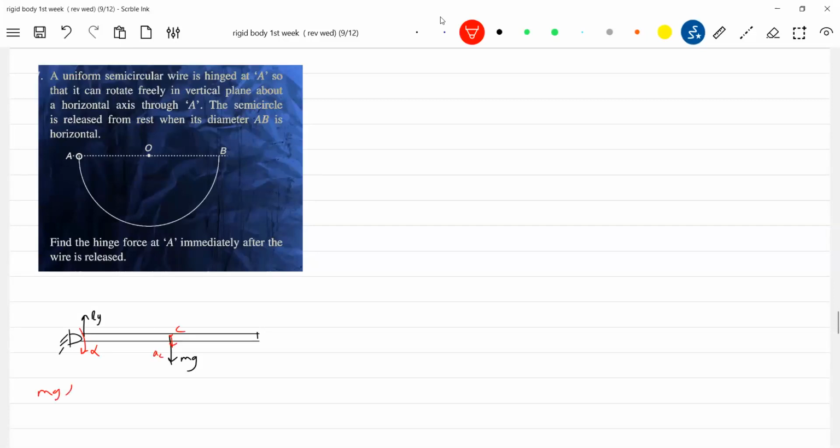So mg into L by 2 should be equal to I_O alpha. From that we'll get alpha. Then AC equal to L by 2 alpha. Then mg minus Ry equal to m AC. So what is the reaction at the end just after release?